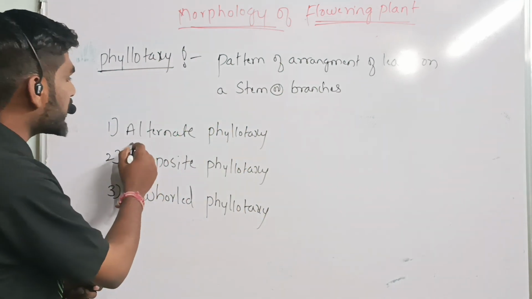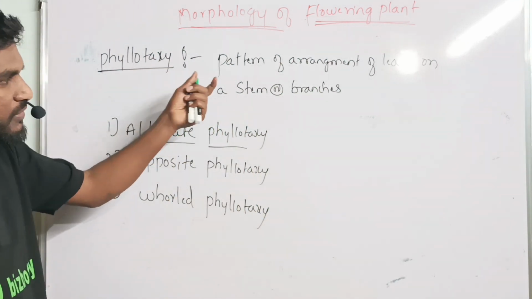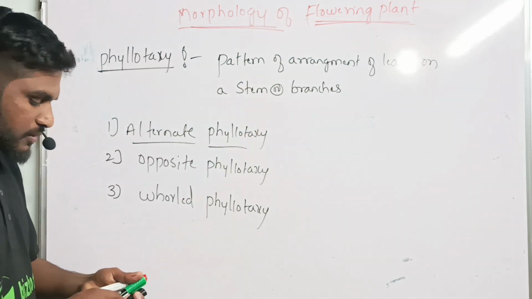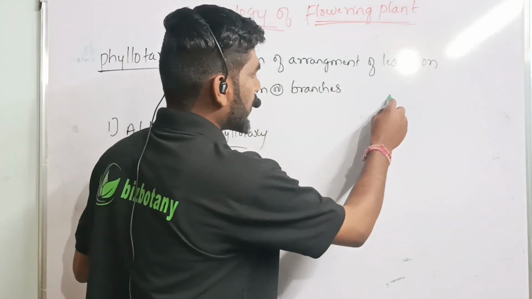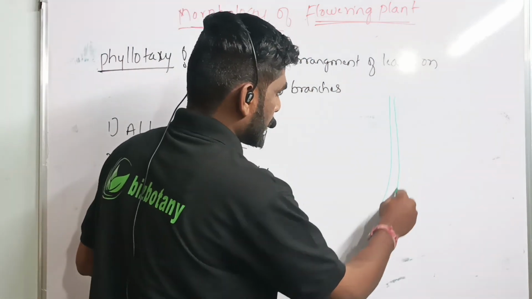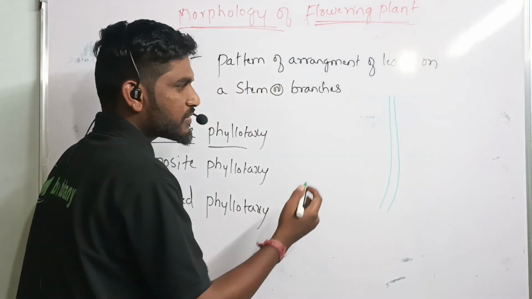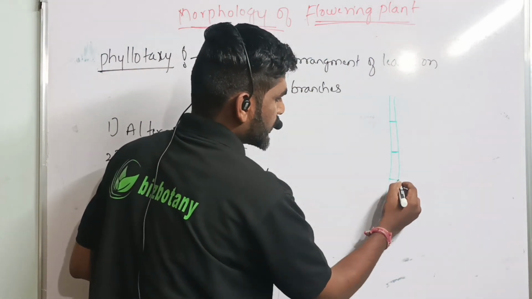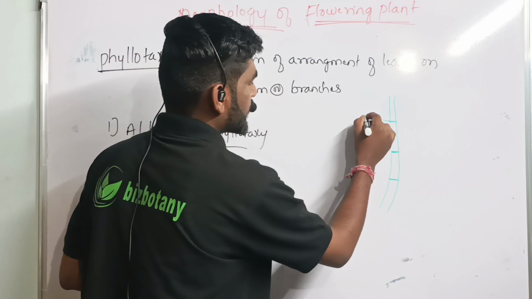What is alternate phyllotaxy? We know that phyllotaxy is nothing but a pattern of arrangement of leaves on a stem or branches. Consider this is a stem of a plant which contains nodes. These are the nodes of a stem.